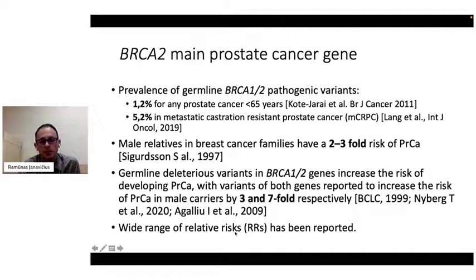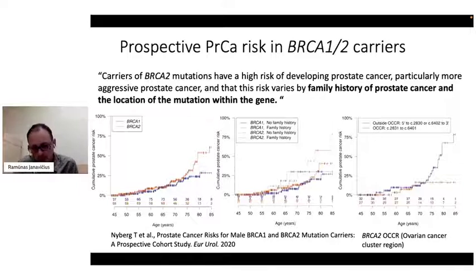However, there is quite a wide range of relative risk in various studies, because they come from retrospective studies. The prospective studies are very important for identifying a more precise risk estimation, and that was recently published by a group.